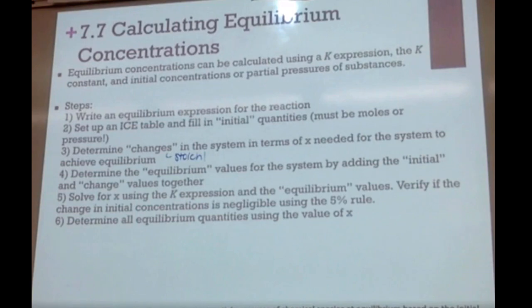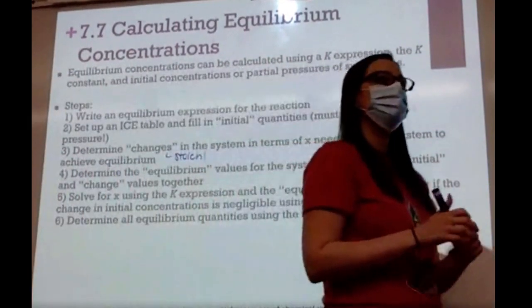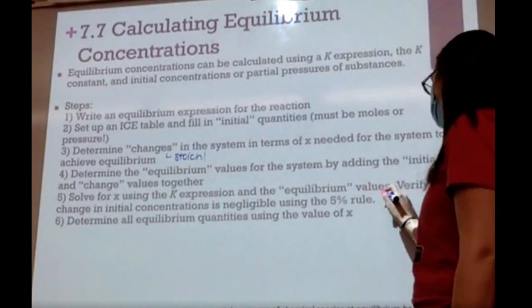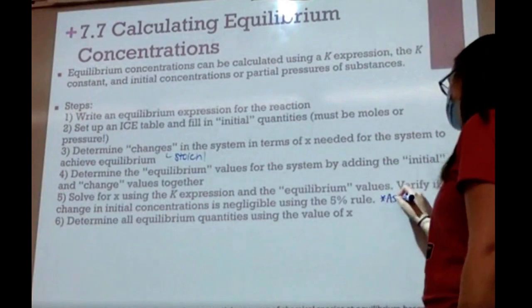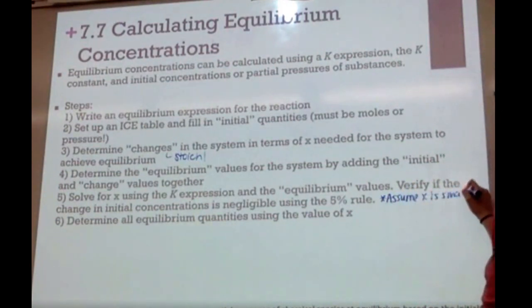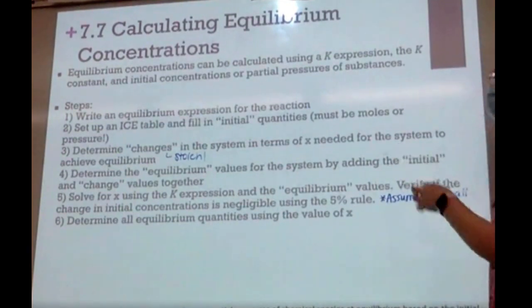Then we can actually solve using the K expression. Now, do you remember what we could do to prevent using the quadratic? Assume X is small. So to prevent using the quadratic, you just have to make yourself a note: assume X is small. You never need to use the quadratic formula on a free response question. If it looks like you have to use quadratic, assume X is small.